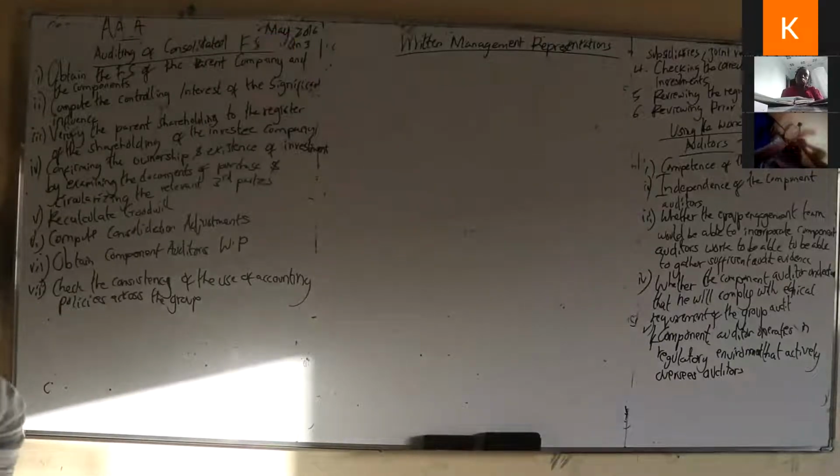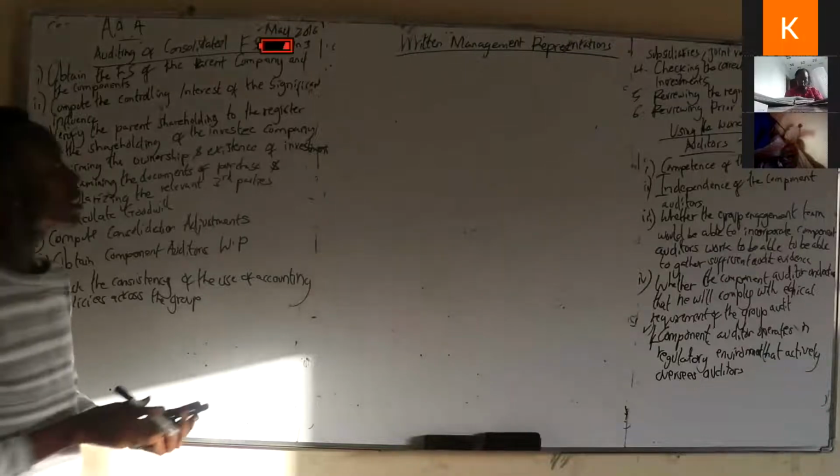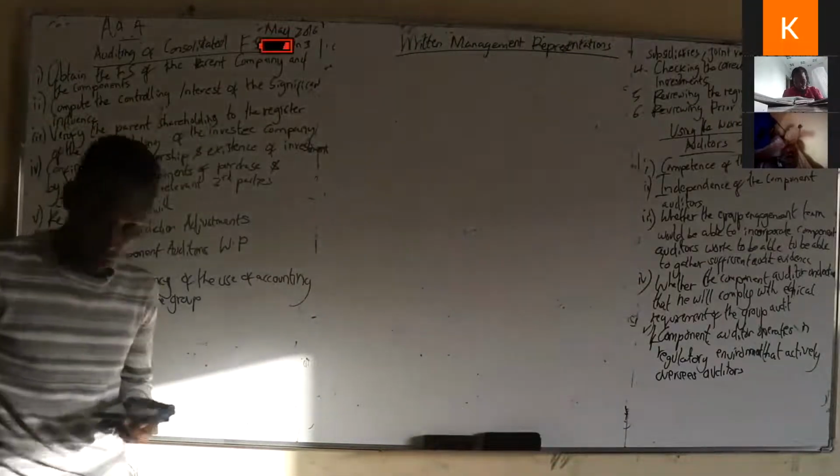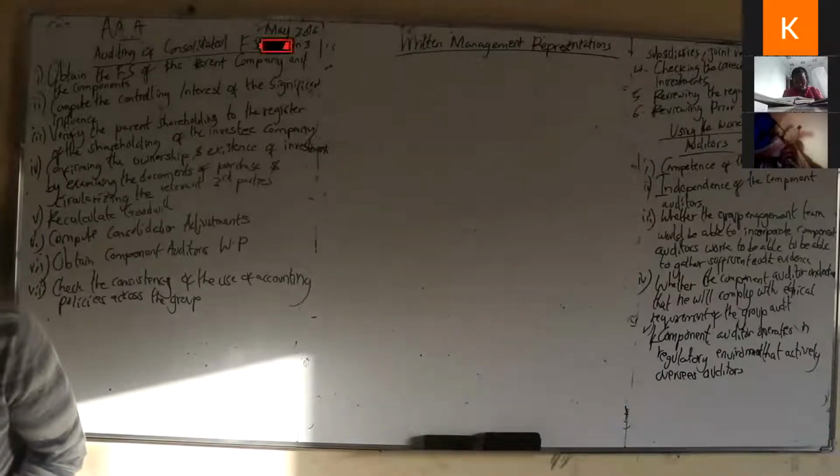So the written management representations are very important to the auditor because they assert or state the material facts of the financial statements that have been prepared.